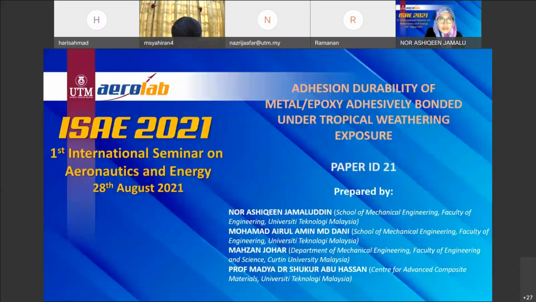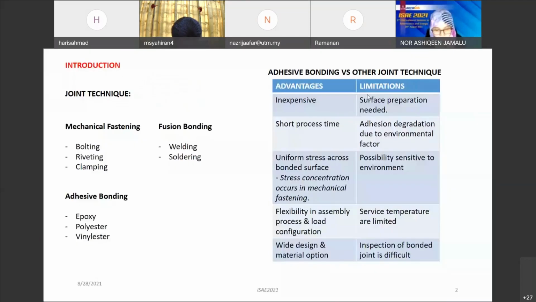As an introduction, there are three methods of joint technique, which are mechanical fastening, fusion bonding, and adhesive bonding. And here I chose epoxy as the method for this study.